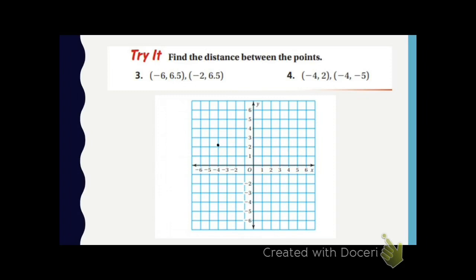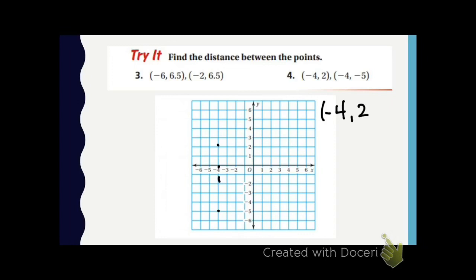I'm going to go over to -4. I'm going to go down to -5. I tried to get rid of that mark and it won't go away, so I'm not sure why. But anyhow, let's go ahead and look at our coordinates.